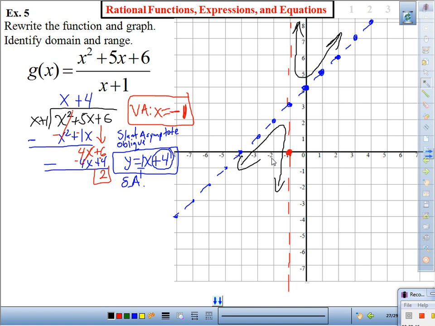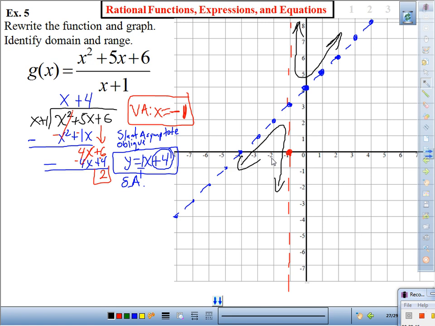Copy that. You're like, that's it? That's it. For this one, don't worry about the domain and range right now. I just want you to understand the graph and where it's located and how to get the asymptotes. So, everybody copy this.